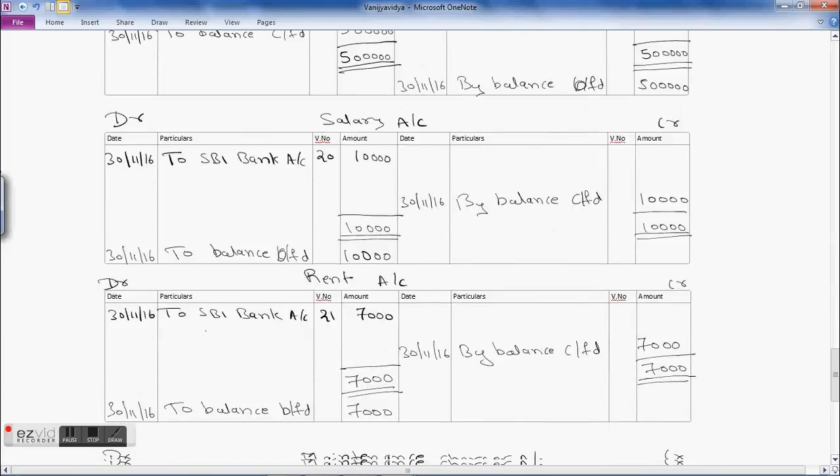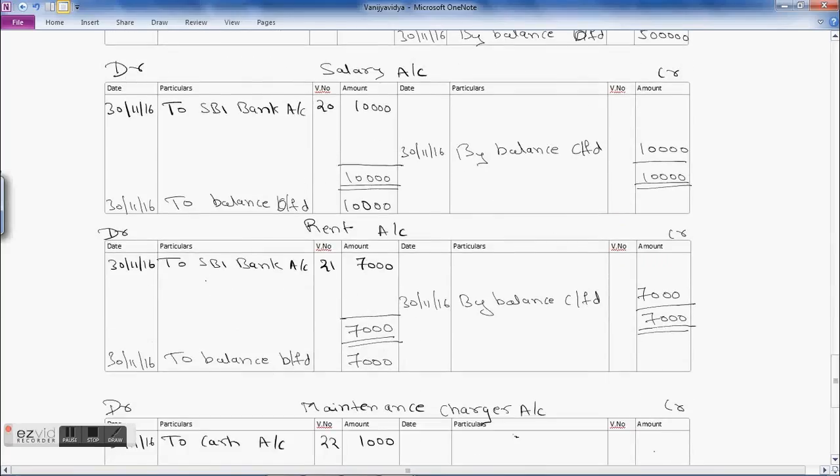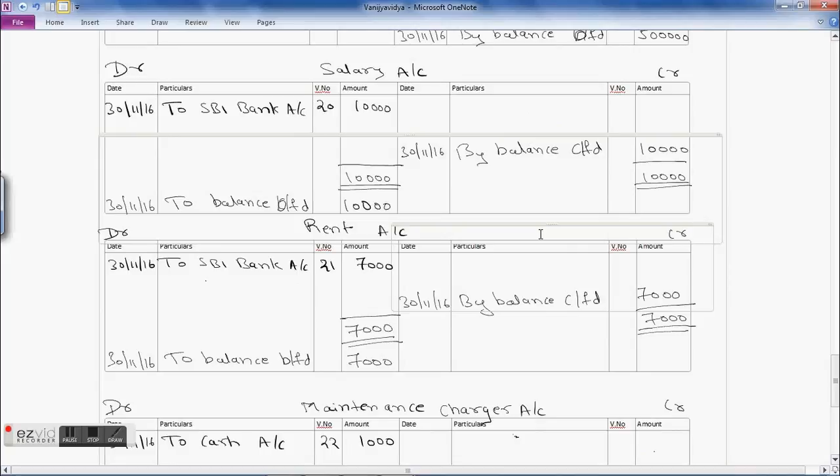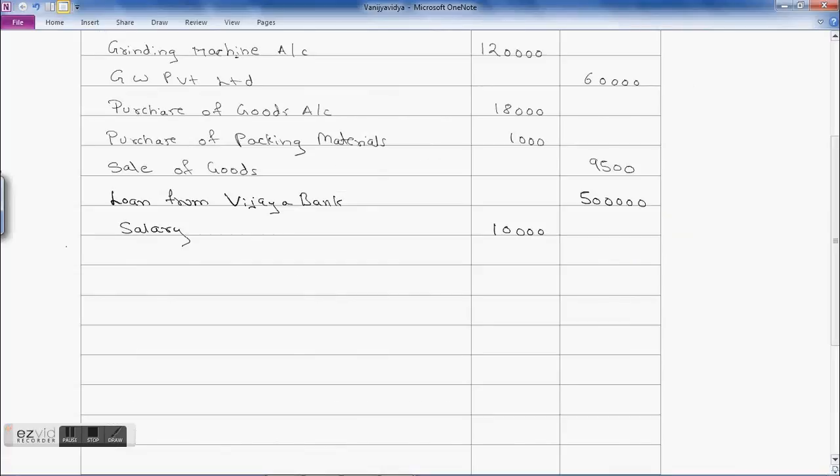Next is what? Salary account. Salary account, you have debit balance of 10,000, right? So we'll put it as salary. Debit balance of 10,000. Okay, next you have rent account. Rent account, you have debit balance brought forward of 7,000, so we'll put it as rent, debit balance of 7,000.